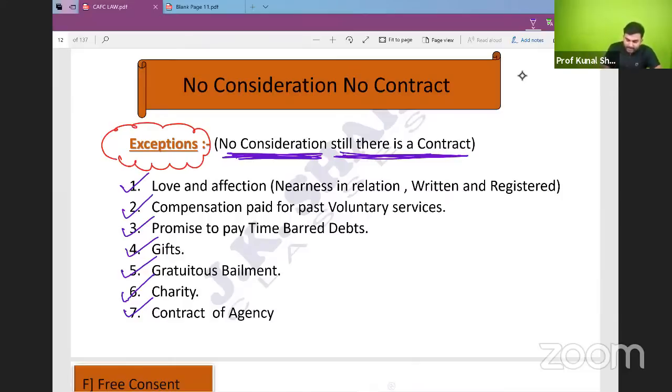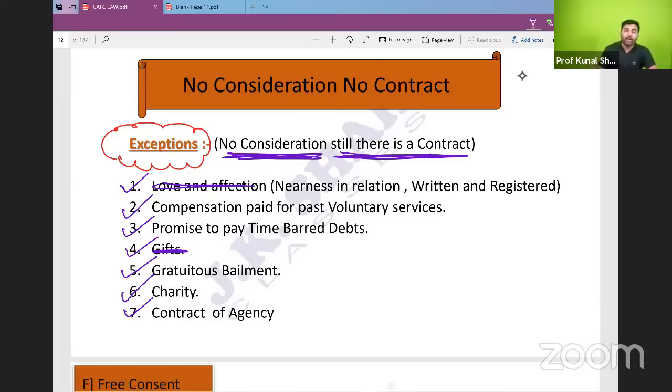Can I say the same example can also be taken in case of gifts? Whenever we accept a gift, we don't have an intention to give something in return to another person. So even in case of gifts, no consideration, still there is a valid contract. The second exceptional case over here is compensation paid for past voluntary services.